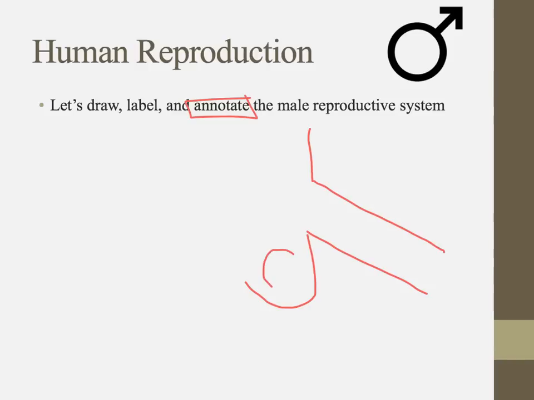Inside of the scrotum is a testis, and that's where the sperm is produced. The sperm matures in this little bit of tissue called the epididymis. Then the sperm travels on this crazy roller coaster ride through a tube called the vas deferens.